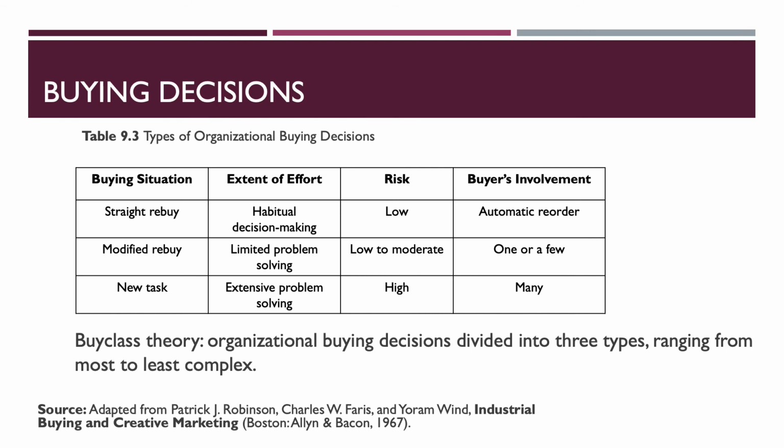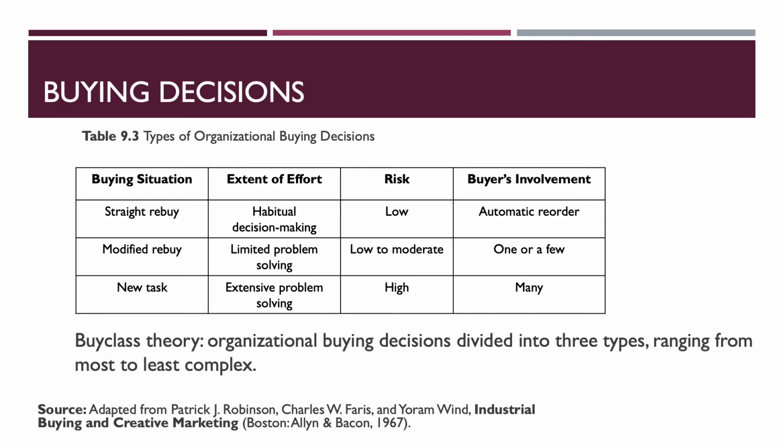So professional sellers, professional selling techniques are important in organizational decision making. When we apply the buy class theory of purchasing, we divide organizational buying decisions into three types, ranging from least to most complex. How much cognitive effort goes into making a decision affects what type of decision the buyer is making. The three basic types of decisions are straight rebuy, modified rebuy, and new task.